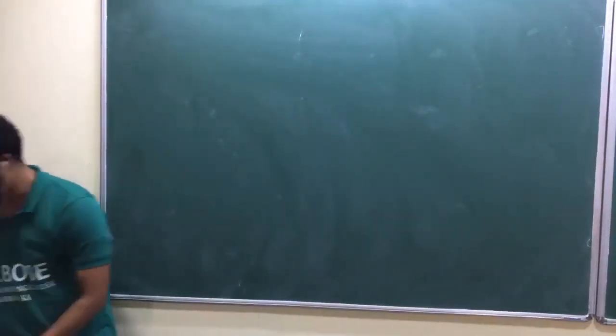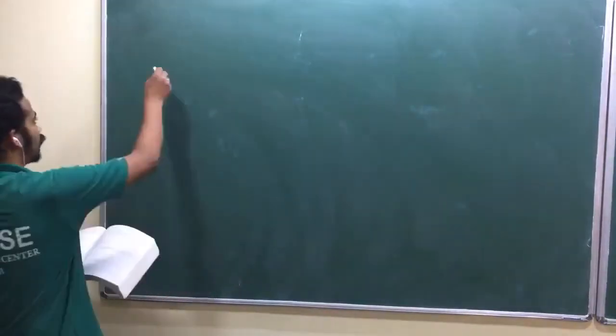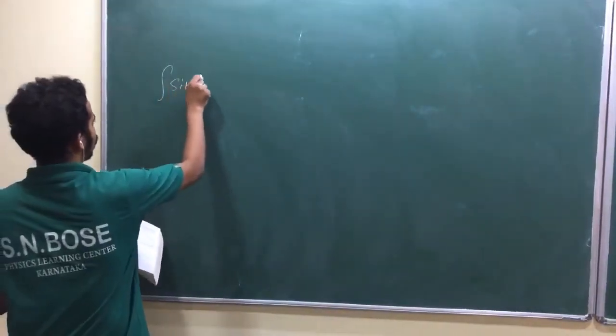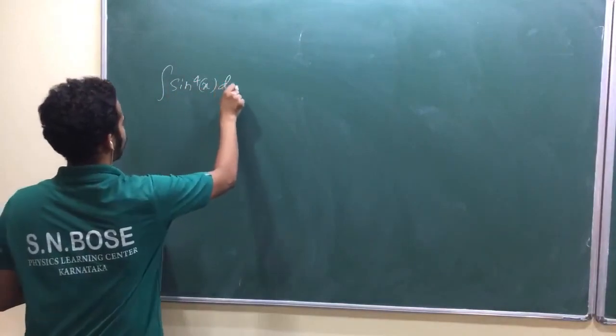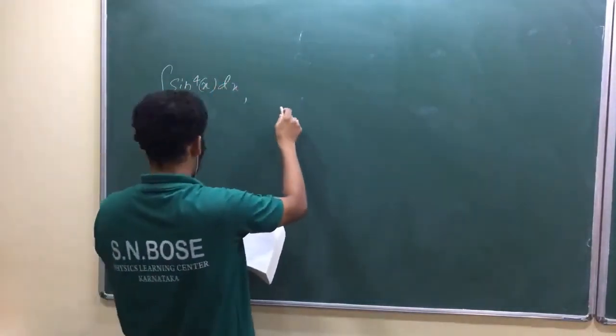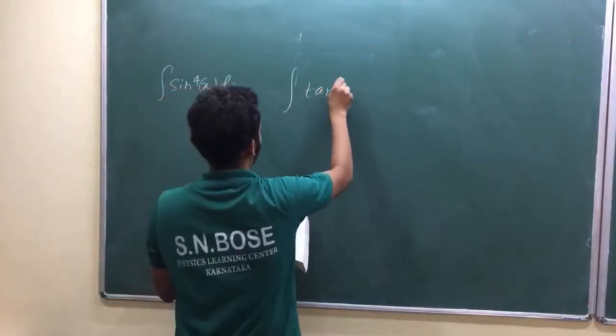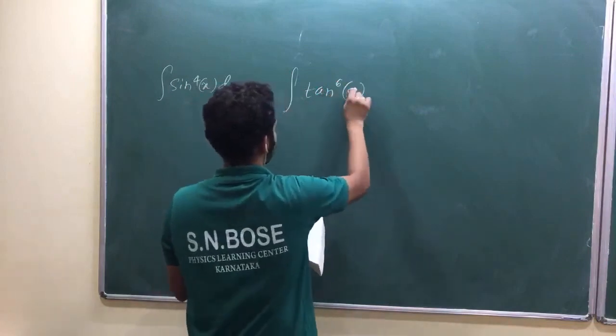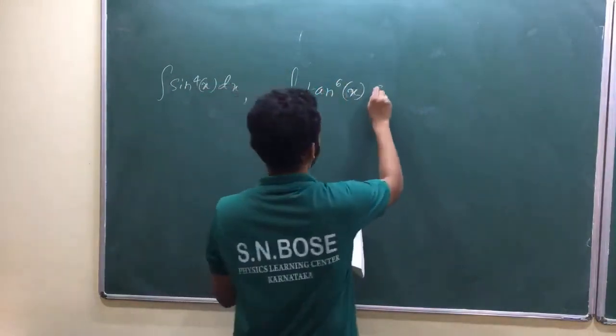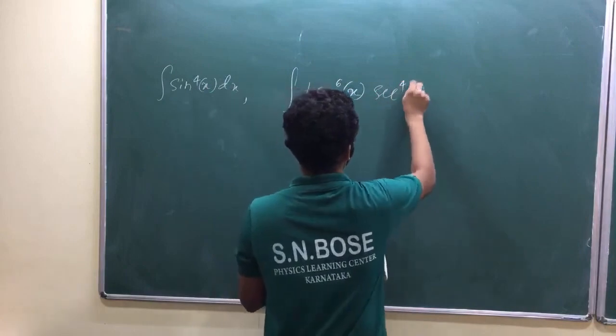Similarly, take some more examples, okay? Just like integral of sine raised to 4x dx. So integral of tan raised to 6x into secant raised to 4x dx.